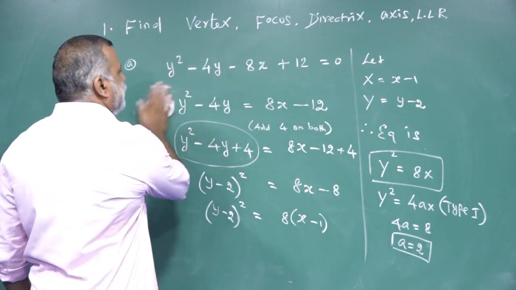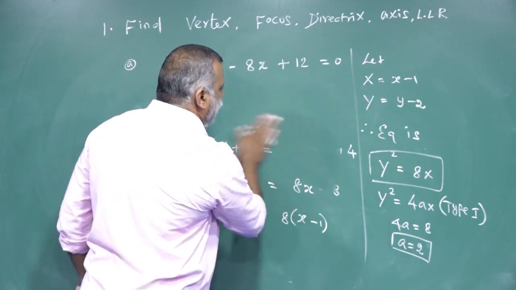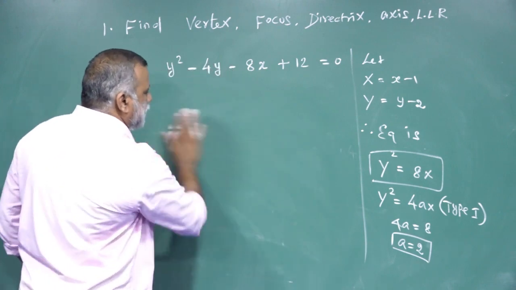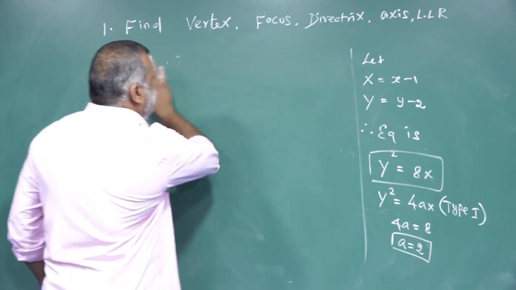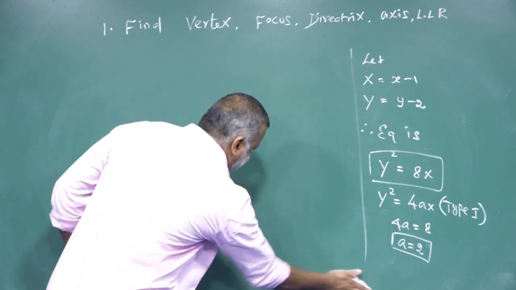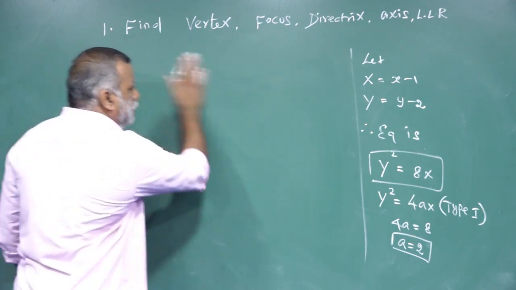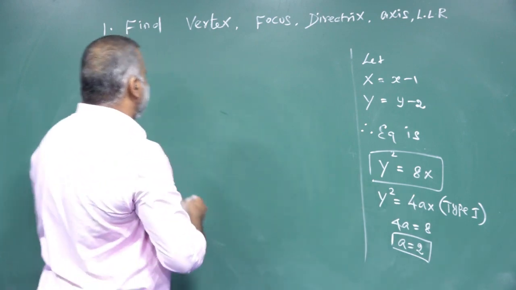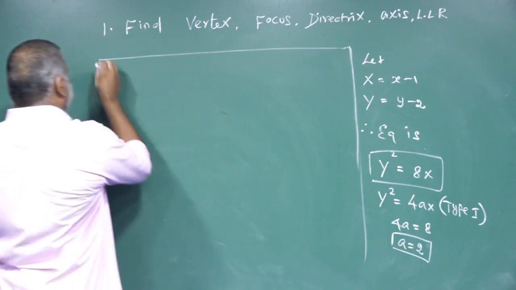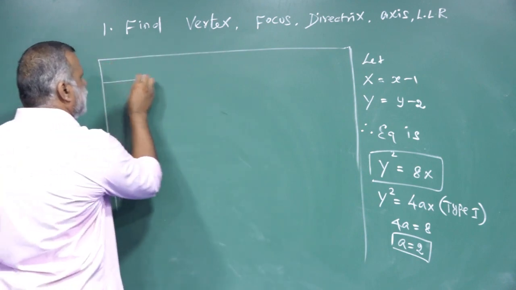After this work, we make a table now. From this table, you can find out the required things. So make a small table. From that table, we are able to work out. Always use this concept. It is very simple. So make a table here.